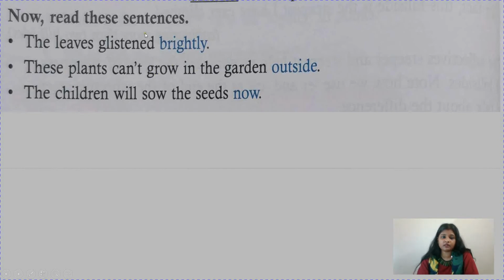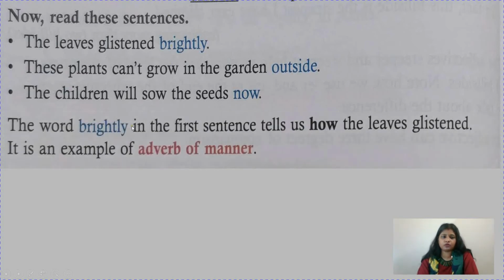In the same way, the children will sow the seeds now. Sow is a verb, and which word is modifying it? Now. Children, do you notice now is telling about the time? And brightly is telling about the manner. The word brightly in the first sentence tells us how the leaves glistened. So it is an example of adverb of manner.